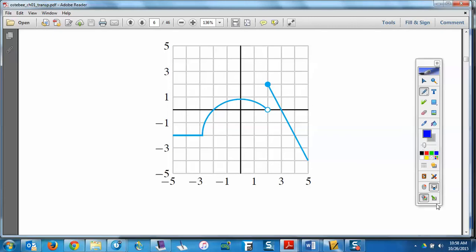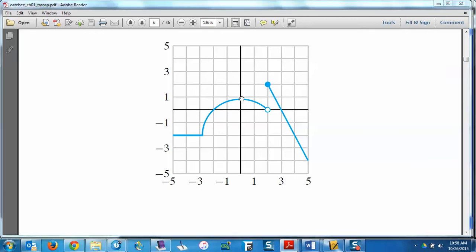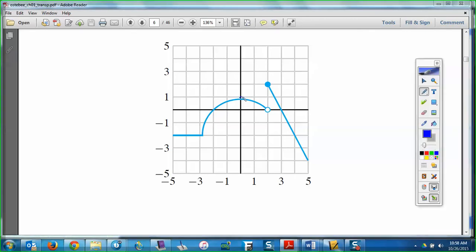Anytime you have the grid box in like that, usually, so -5 to 5. Now, if this had been an open circle right there, and this piece wasn't even there, then you would go -5 to 0, not include the 0, and then 2 to 5, that kind of thing, okay?